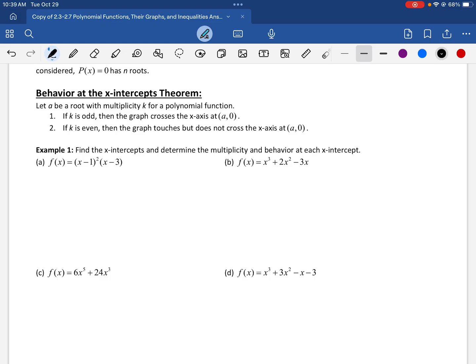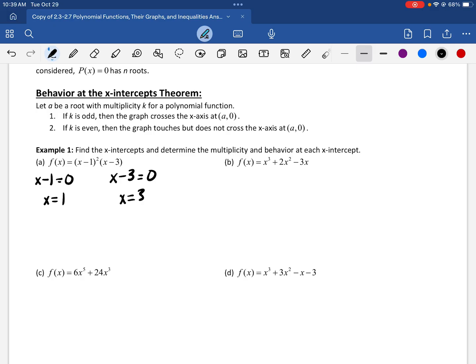For this first one, they have got it completely factored for us already. So all we have to do is take each of those factors, set them equal to 0, and solve for x. We get x equals 1, and x equals 3.